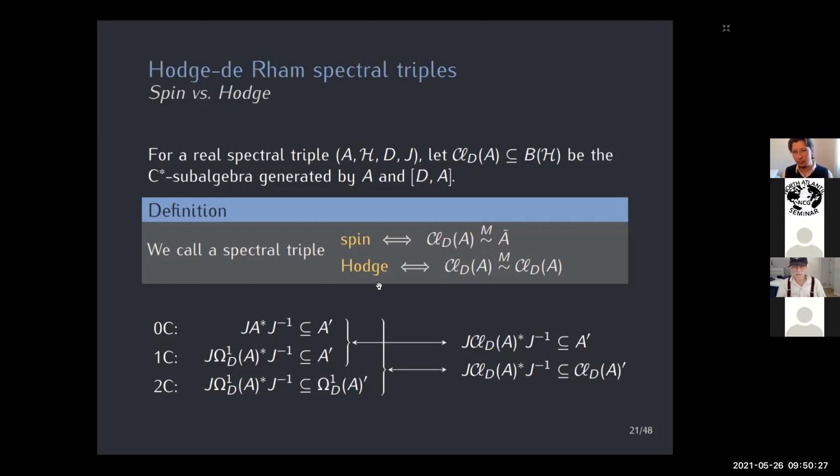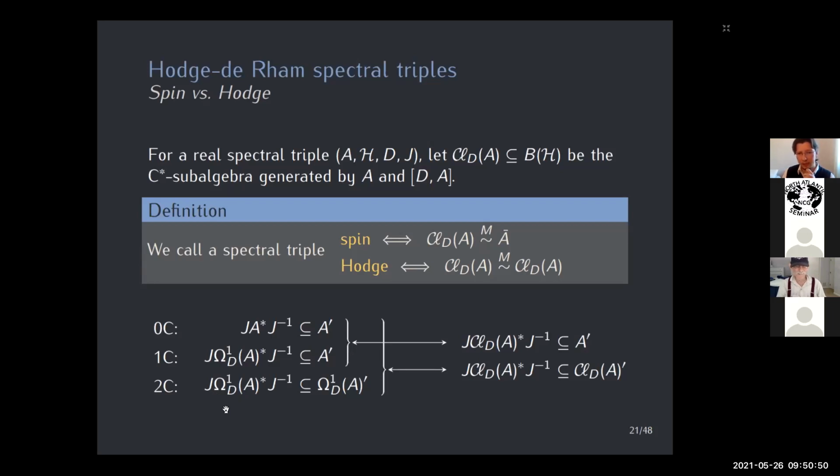So wherefore the Hodge condition? Well, in a paper by Farnsworth and Boyle in 2014, they identified that the finite part of the spectral triple for the standard model satisfied this condition, which they christened the second order condition.